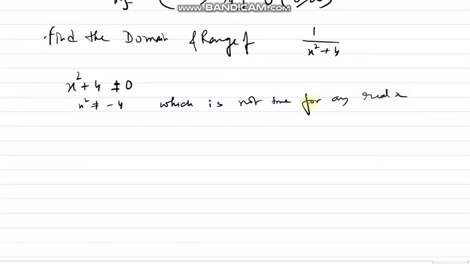We know that x square is always greater than or equal to 0, so x square plus 4 is always greater than or equal to 4 if I add 4 to both sides. So this cannot be equal to 0. So the domain of this function will be any real number, right?